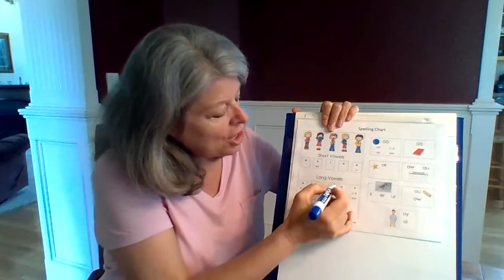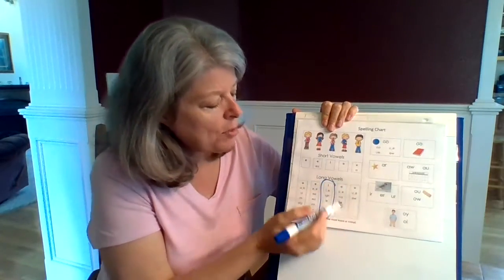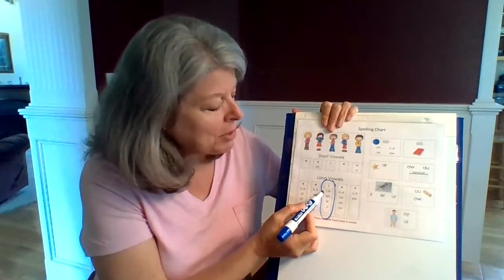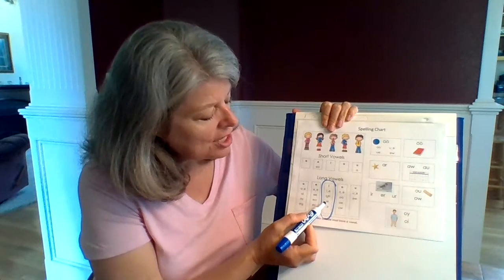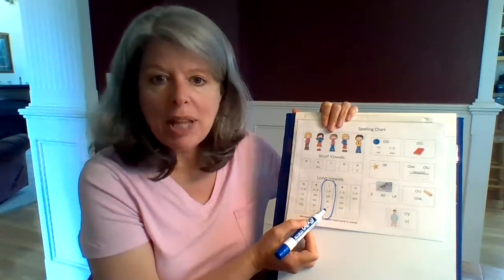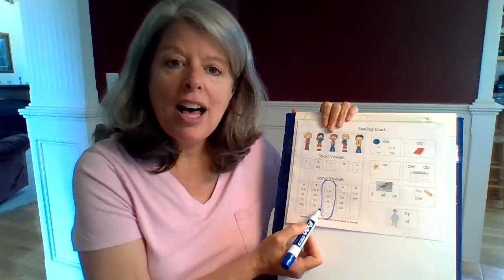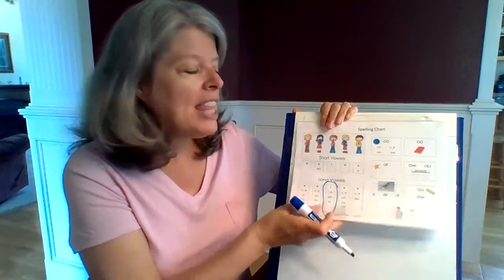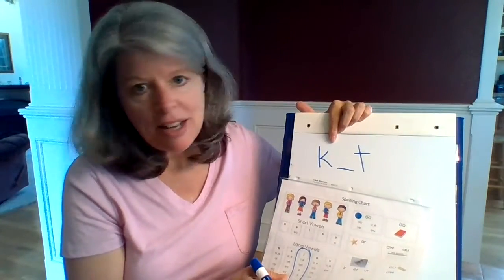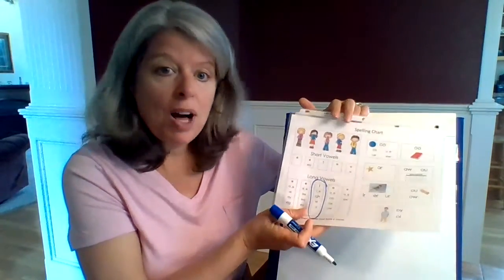It's long. Look at all these choices right here. We have I. We have I blank E. That's silent E. IGH. IE. And blank Y. Now blank Y comes at the end of the word, like in the word why or my. And this I sound is not at the end of the word, so it can't be Y.